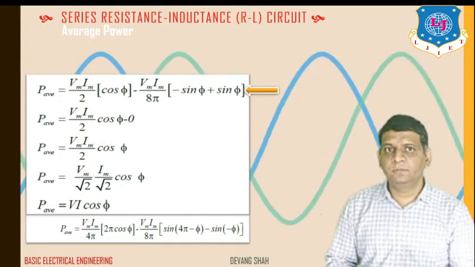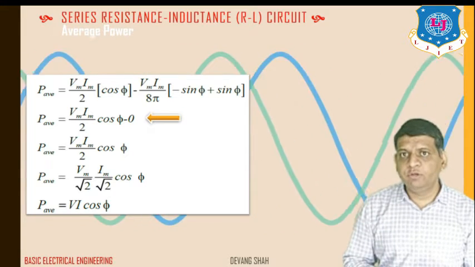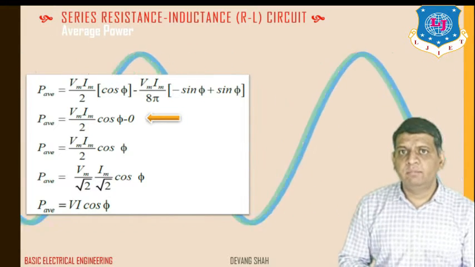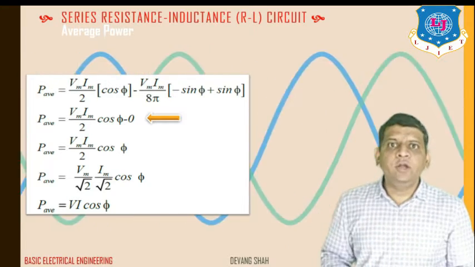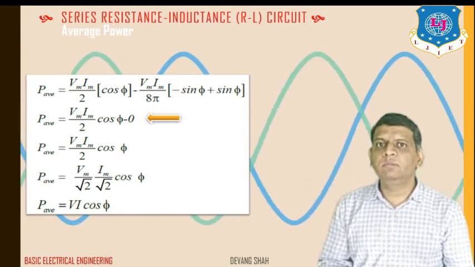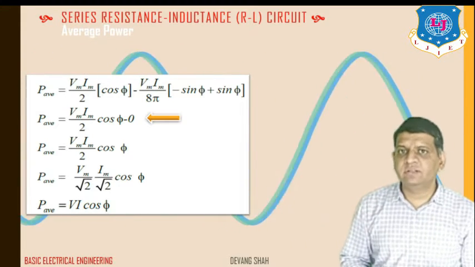So from this you can find P average is equal to Vm Im by 4π into 2π cos φ minus Vm Im by 8π into sin 4π minus sin(−π). So P average is Vm Im by 2 into cos φ minus 0. The second term was the fluctuating term, since it has cos 2ωt, so the average value of that fluctuating power is equal to 0.